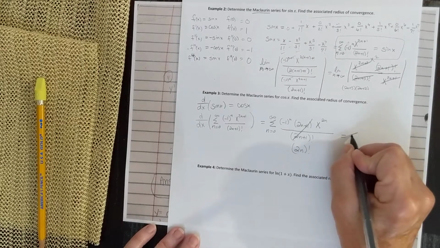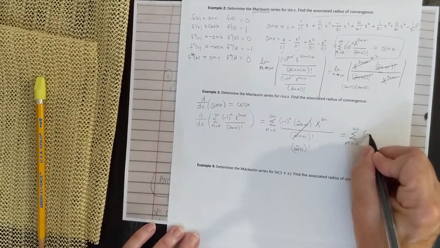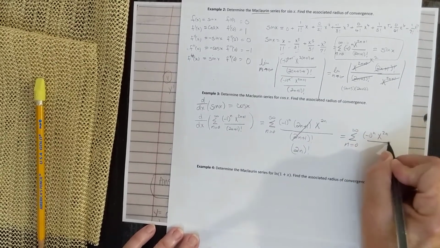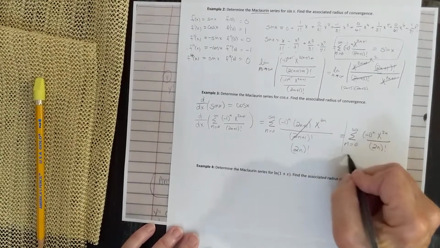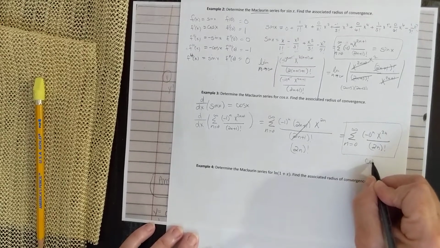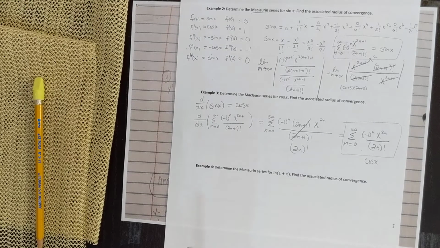So this becomes the sum from n is 0 to infinity of (-1)^n x^(2n) over (2n) factorial. And this is the series representation for the cosine of x. Its radius of convergence is the same as sine. It's going to be infinity. All right, I'm going to take a pause here.